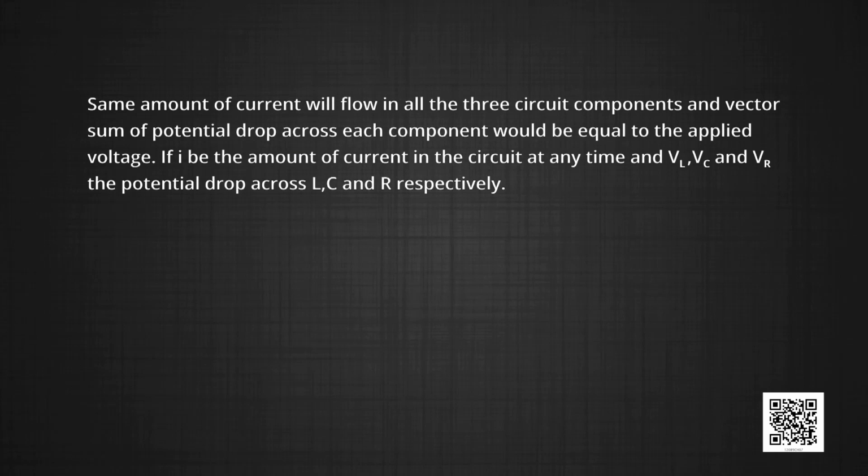The same amount of current will flow in all three circuit components, and the vector sum of the potential drops across each component would be equal to the applied voltage.